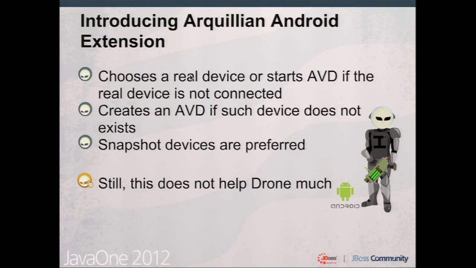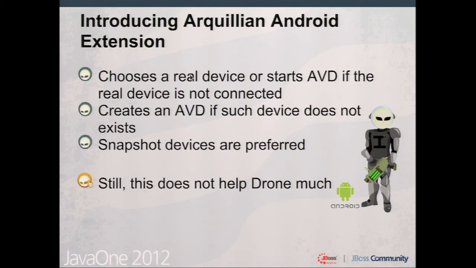And the extension will either connect to a real device, or it will connect to an existing and running Android virtual device, or it will start an emulator with the virtual device, or if you happen to specify an AVD name of a device which doesn't exist yet, it will create even the device itself.